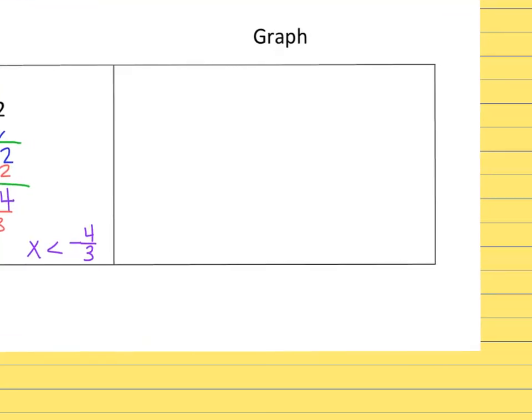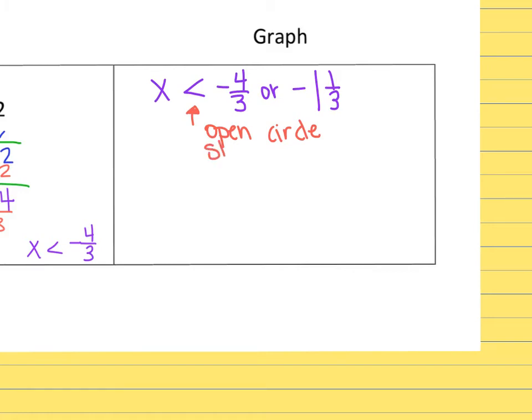So over here on this side, I'm going to start out by saying x is less than negative 4/3. Or I could simplify that. It means the same thing as negative 1 1/3, which is probably easier to graph on a number line. Looking at this symbol, I know two things. One, I'm going to have an open circle. And two, I'm going to shade to the left because the arrow is pointing to the left.